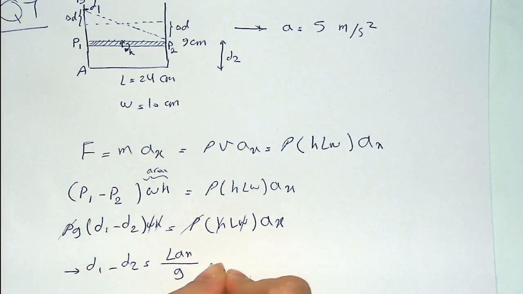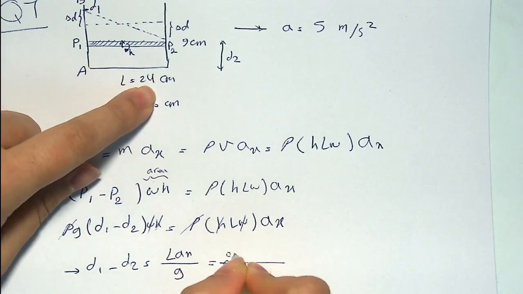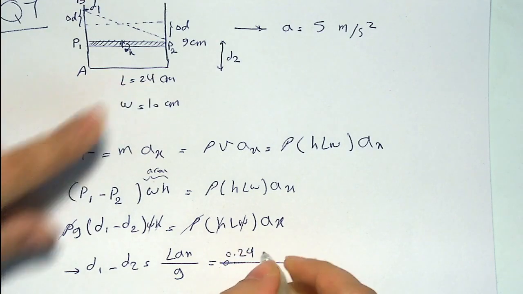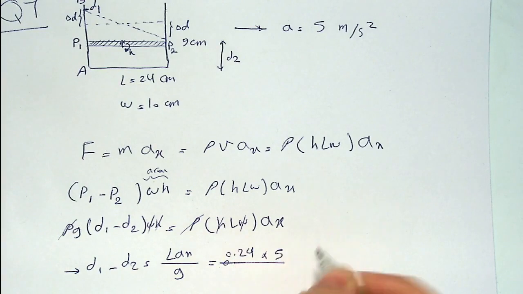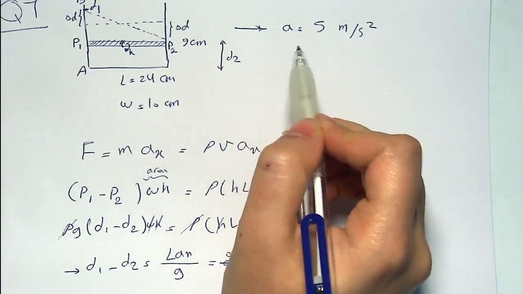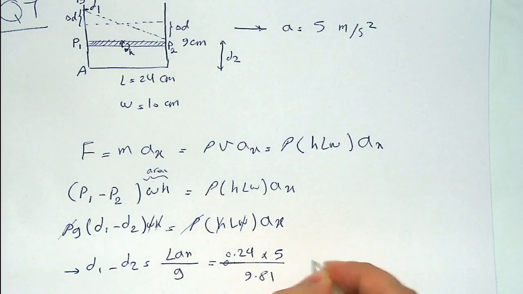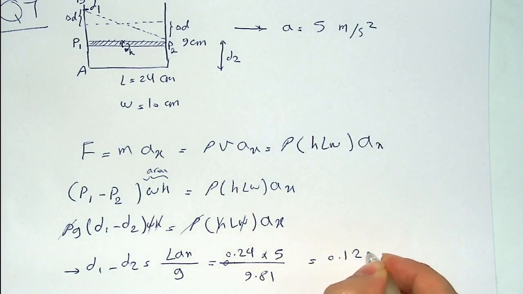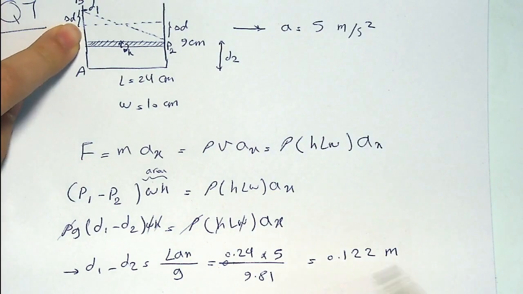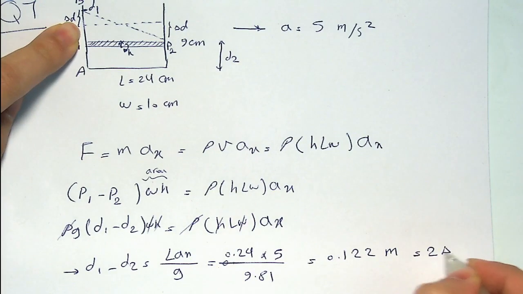And this is equal to, here, L is 24 centimeter, so 0.24 multiplied by AX, that in the question is given to us as 5, and G is 9.81. And this is equal to 0.122 meter. And D1 minus D2 is equal to 2 delta D. So delta D would be equal to half of this amount.